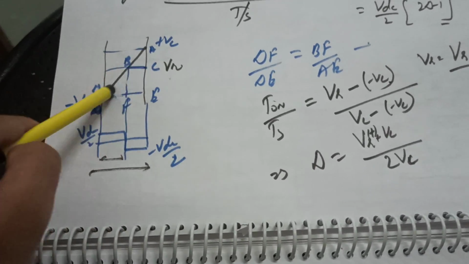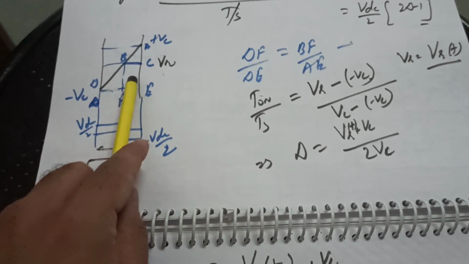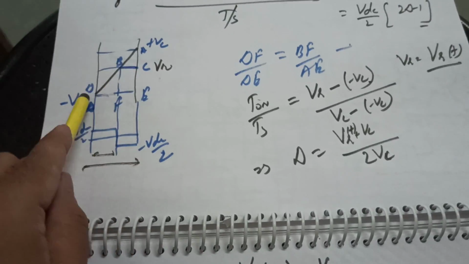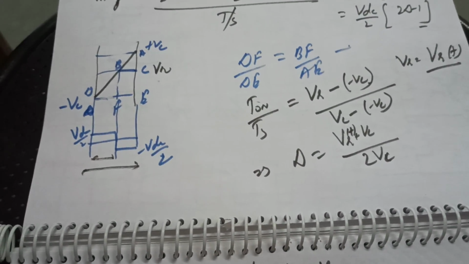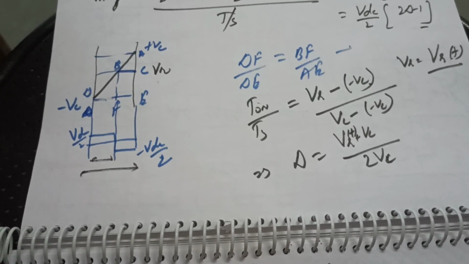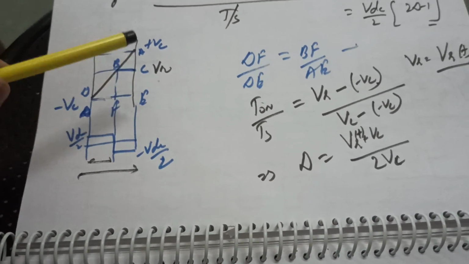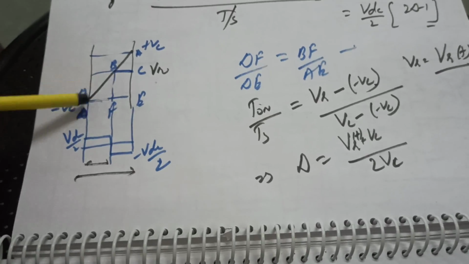Clear? If you compare these triangles, then these are 90 degrees, 90 degrees. These angles will be equal and these angles are equal. So this is nothing but similar triangles by AA criteria. Now as these triangles are similar, then BF, that is this, upon AE, should be equal to DF upon DE. Clear?